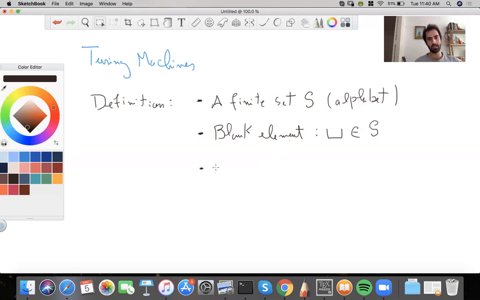There is a set A, which is contained in S, in the alphabet. And we're going to call it the external alphabet. It's a subset of S. Right?